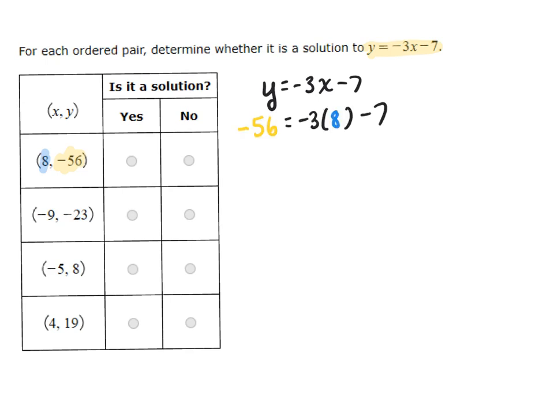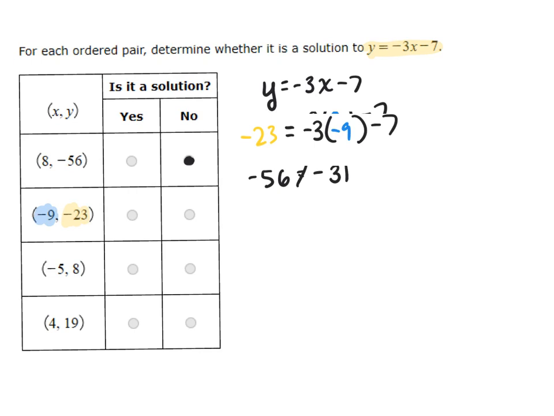We will substitute in 8 for x and -56 for y. Then we're going to evaluate the right side of the equation. Because these are not equal, this is not a solution.